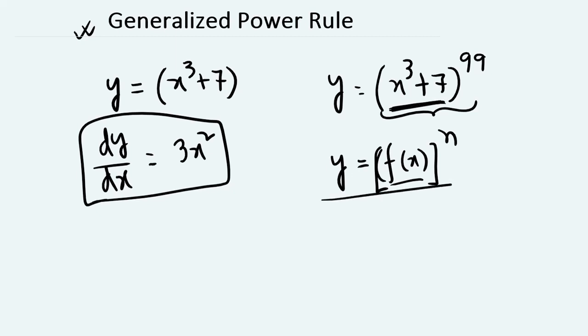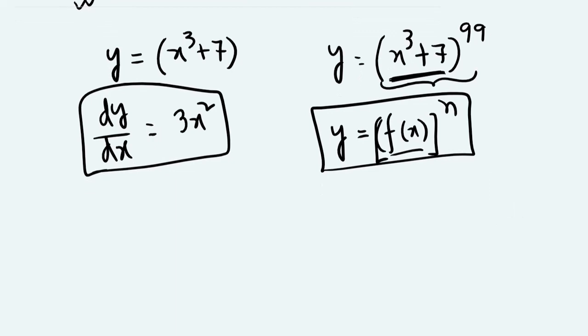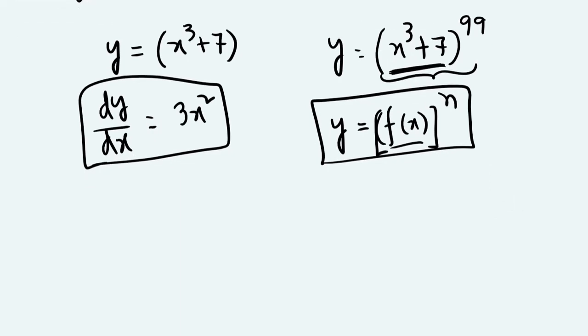So if you encounter a situation where your function is a polynomial of a function, or a function raised to a power, then you need to apply the generalized power rule instead of the power rule. In fact, the power rule is one example of the generalized power rule.